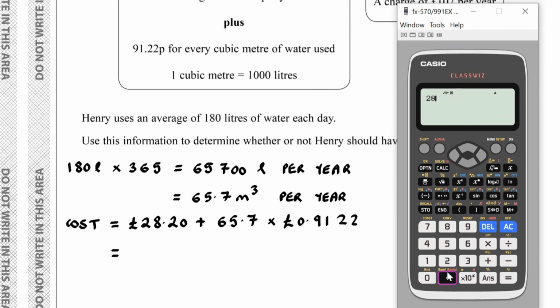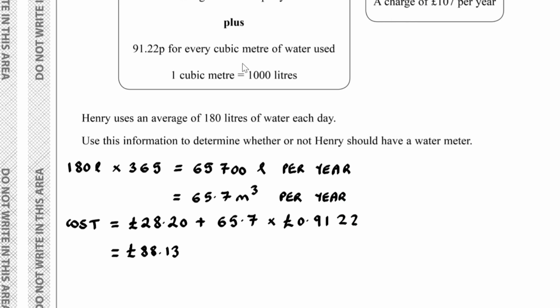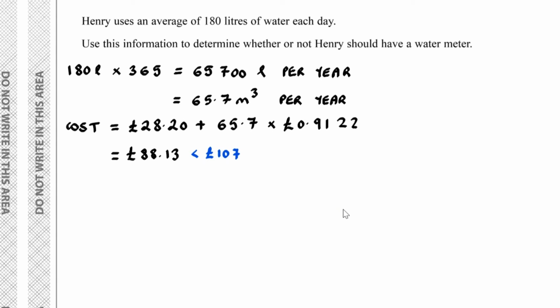We've got 28.20 plus 65.7 times 0.9122. So we get a cost of £88 and 13 pence. So clearly this is less than the £107 per year from the fixed charge, and therefore we can conclude the water meter is cheaper.